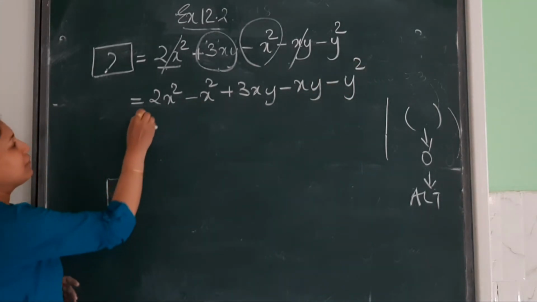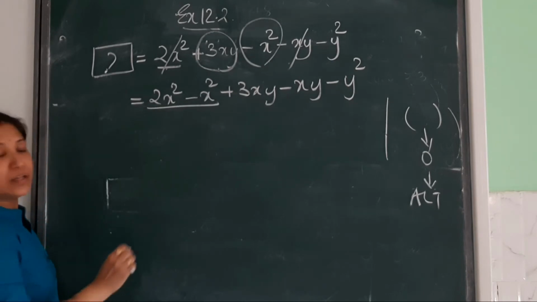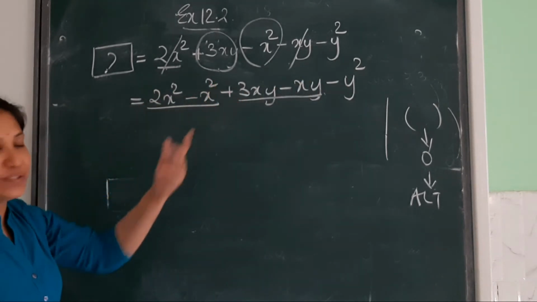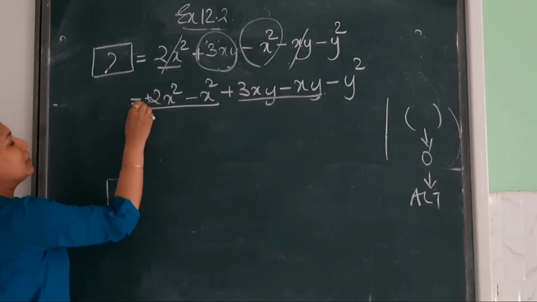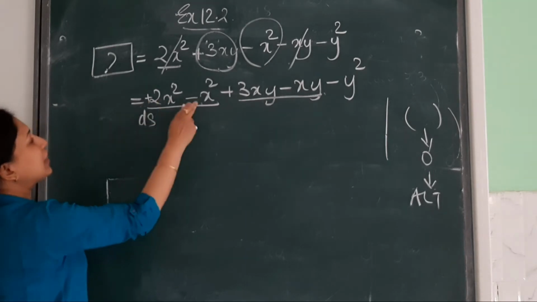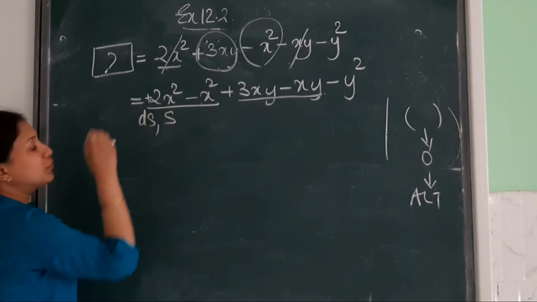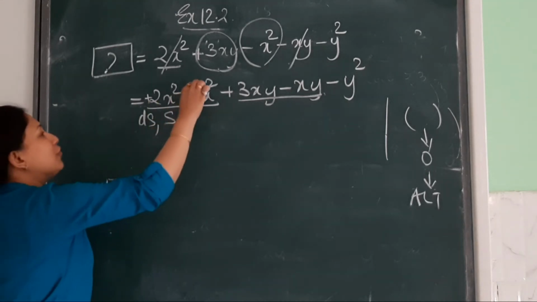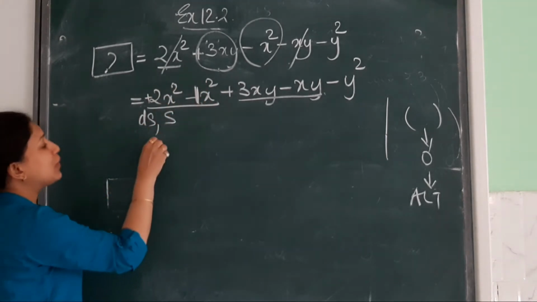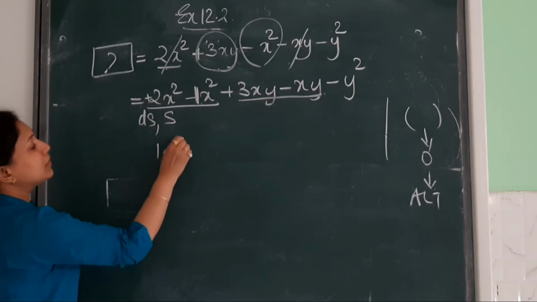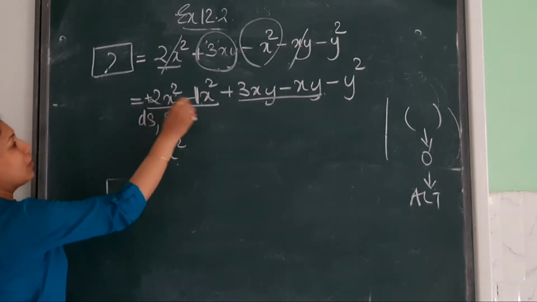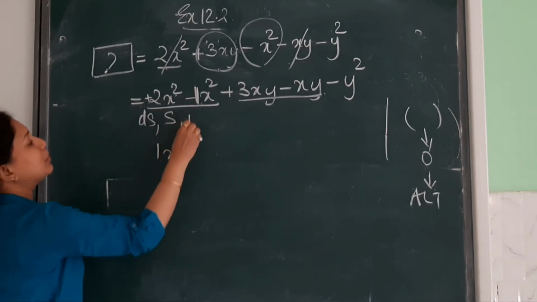Now we can simplify. See, these two we can take. These two also are from one family. Same surname, same surname. See, difference in sign. Law of addition says, if they have different signs, what do we do? Subtract. So the coefficient here is 1. Bigger minus smaller. 2 minus 1, 1. The variable, the surname, will be there as it is. Okay, don't change the surname. Now, what about the sign?